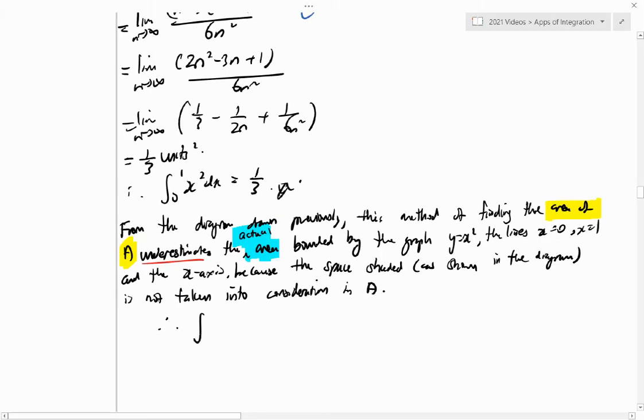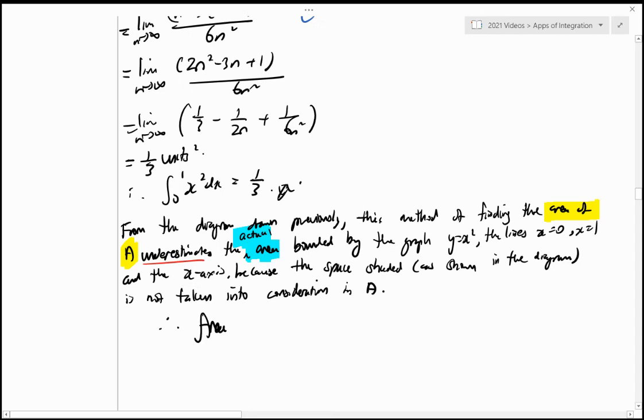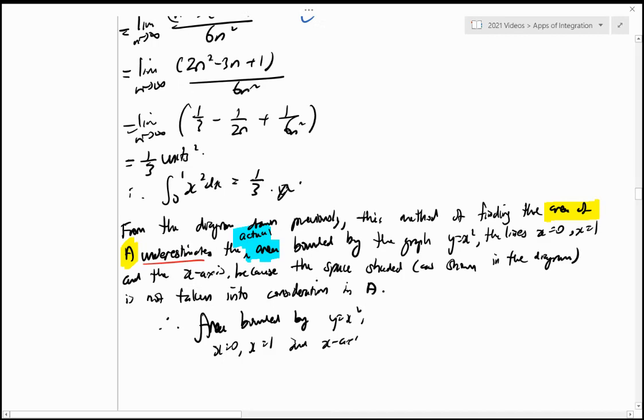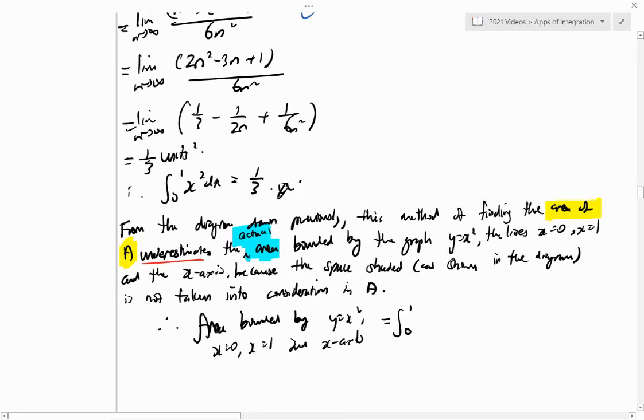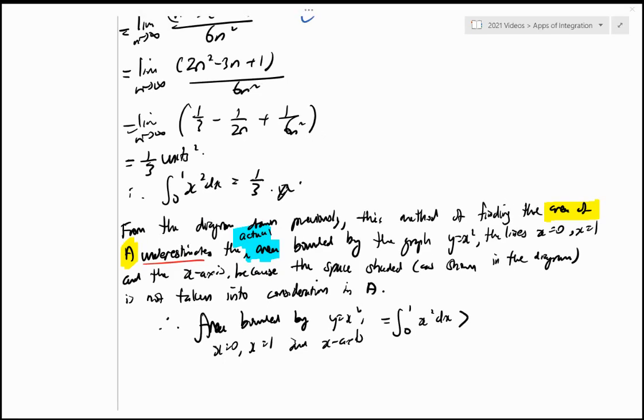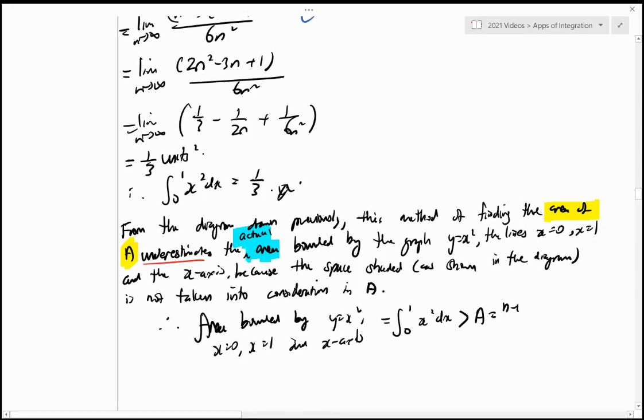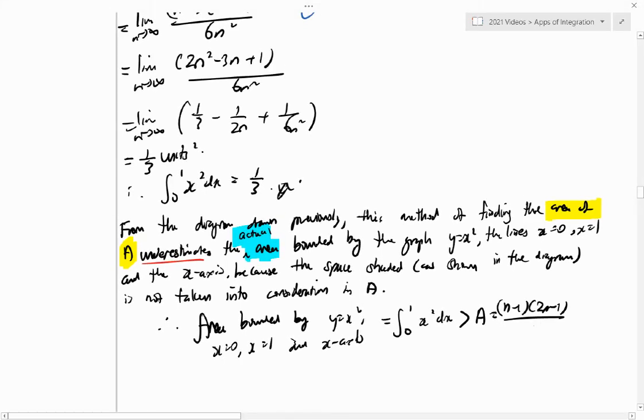Therefore, the area bounded by y equals x squared, x equals 0, x equals 1, and the x-axis, which is equal to the integral from 0 to 1 of x squared dx, will be greater than, because the actual area is greater than the value of A, which is equal to n minus 1 times 2n minus 1 over 6n squared.